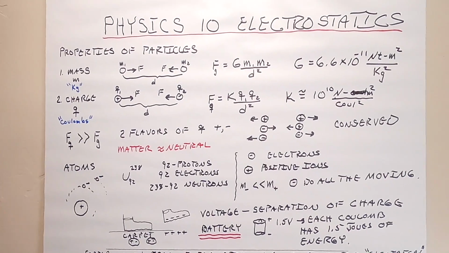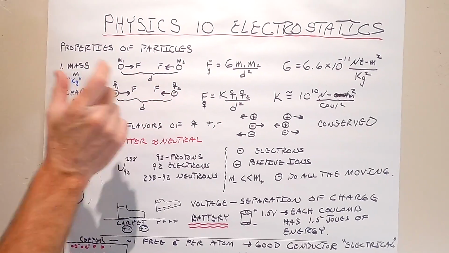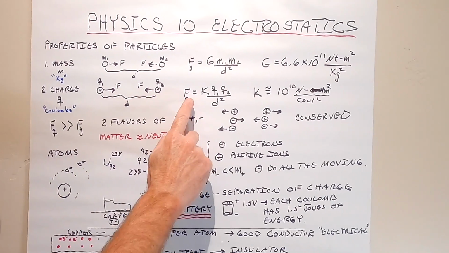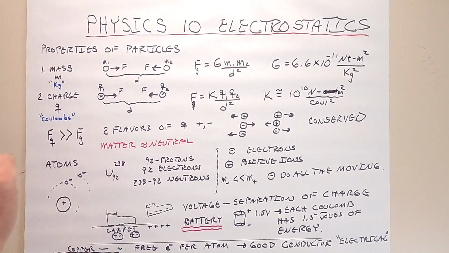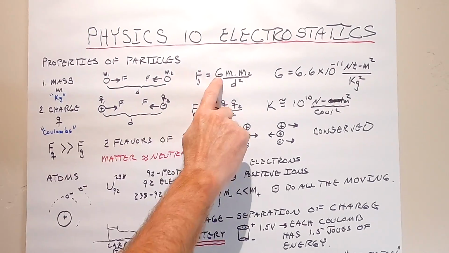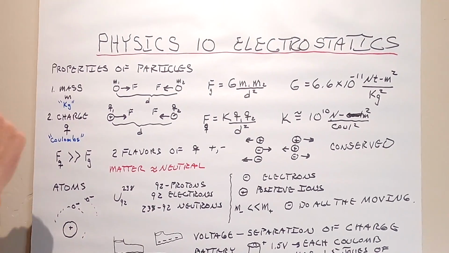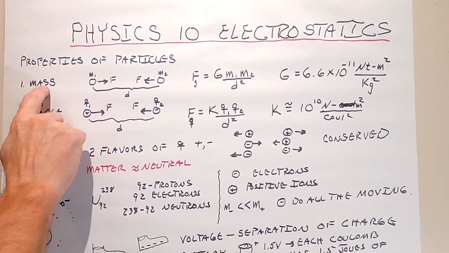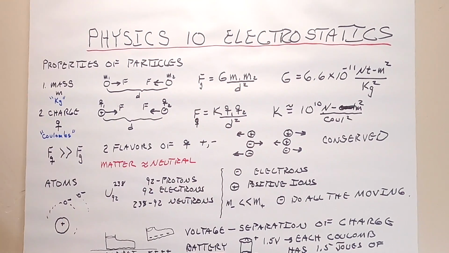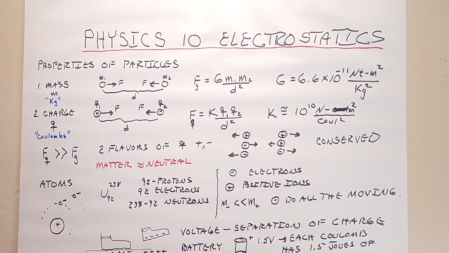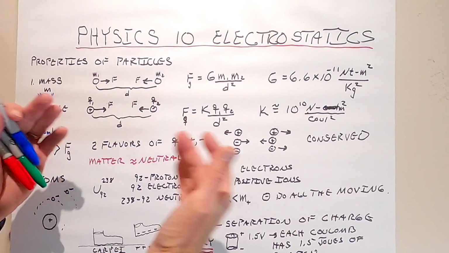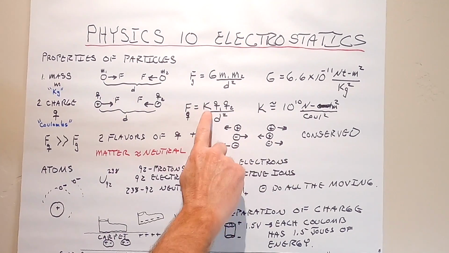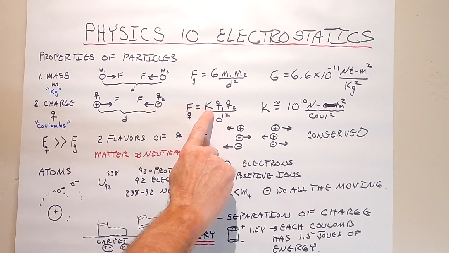And this property also gives you a force, which we call the electrical force, and this electrical force looks exactly like the gravitational force, except instead of masses, you have the charge. And it still depends on the distance squared. Remember we said it was distance squared because of the 3 dimensions of space. And this constant dictates the strength of that force.